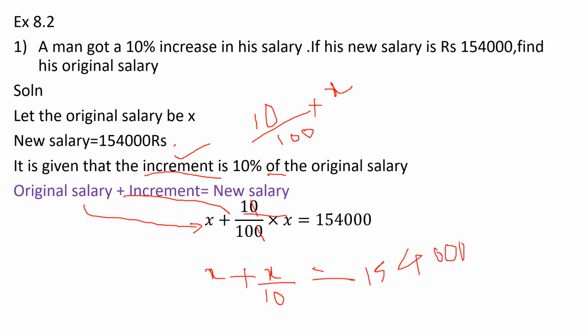Now we have x here, and x variable here also, so we have to take LCM and calculate. Here no number in the denominator, so it means 1. So cross multiply: 10 into x, 10x plus 1 into x. So 10 plus 1, 11. 11x by 10. Look at here.